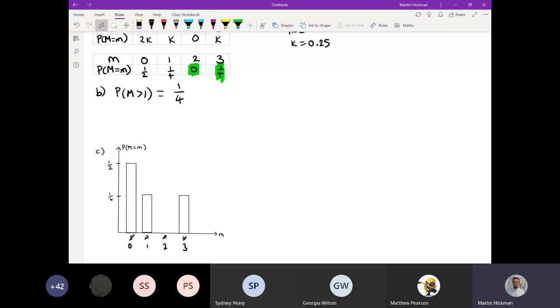Sorry about that. And then we've got our probabilities here of a quarter and a half. So when m is 0, the probability is going to be a half. When m is 1, we can clearly see it's a quarter, and we can also see the same for 3 as well. And when m is 2, we can see that's impossible. So it's a nice visual way that we can see that.